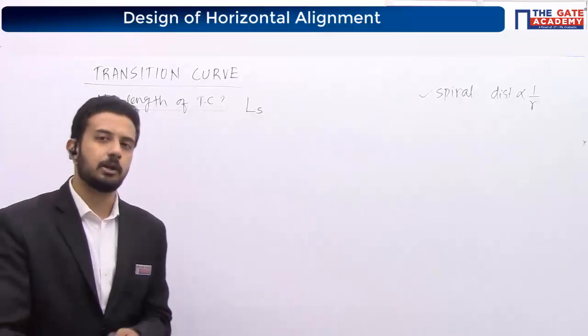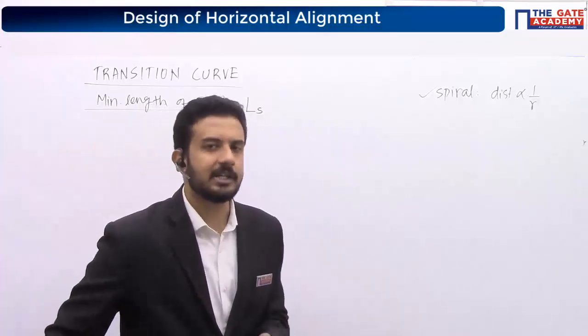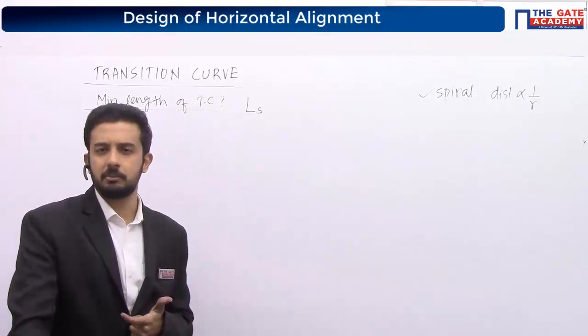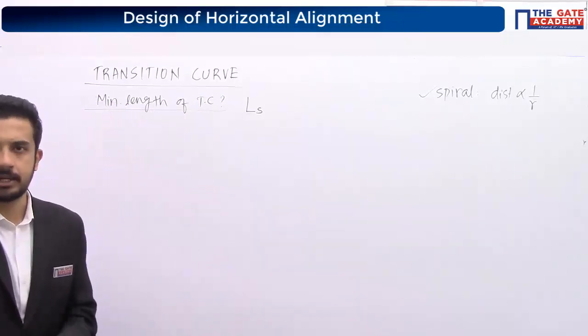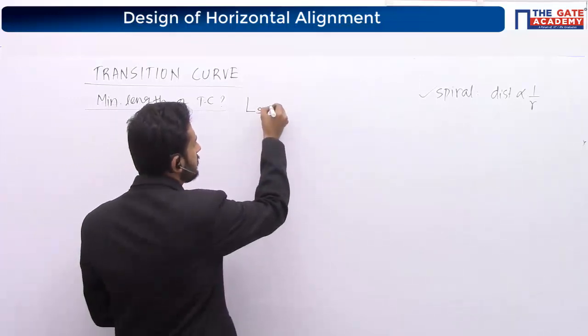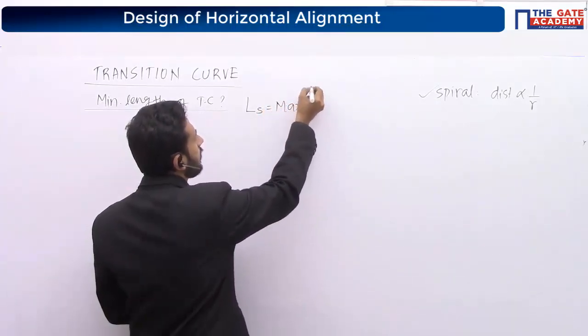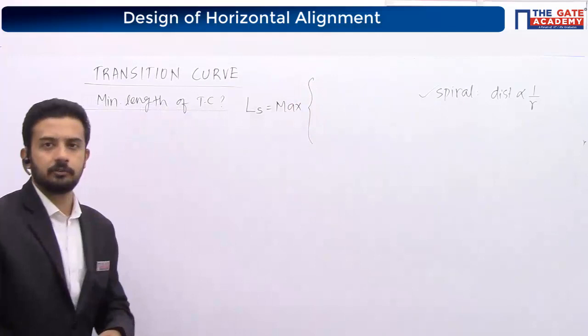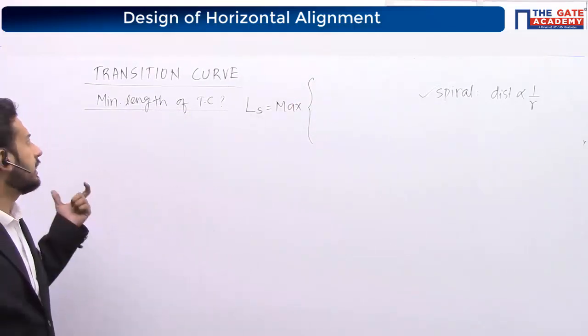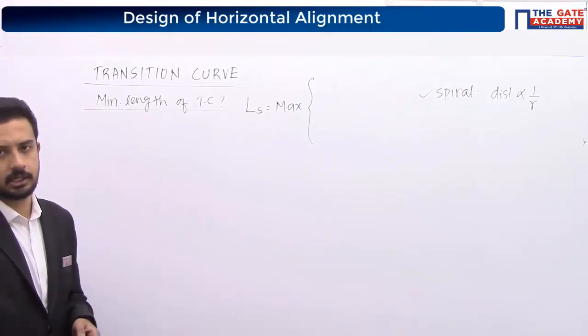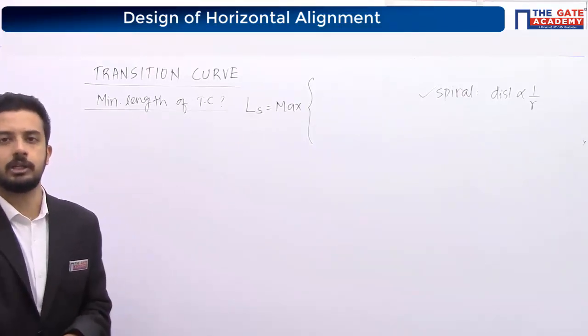The textbook may not mention it, but that s stands for the spiral shape. So how are we going to calculate? Based on three equations, you calculate three values, and whichever is maximum is what we take as the minimum length of our transition curve. At least that much we should give.